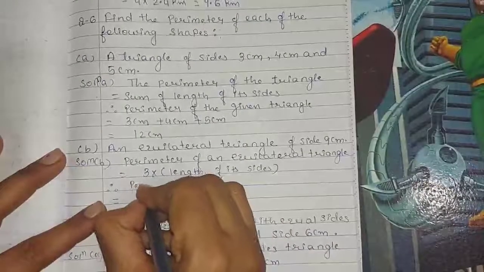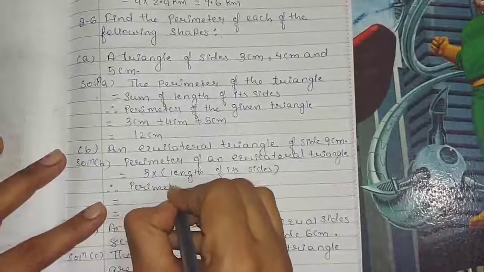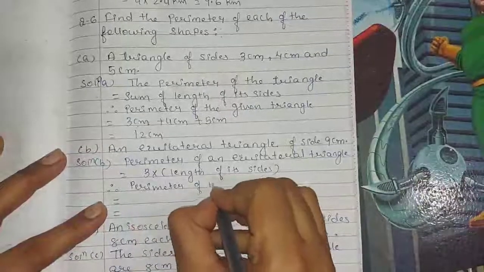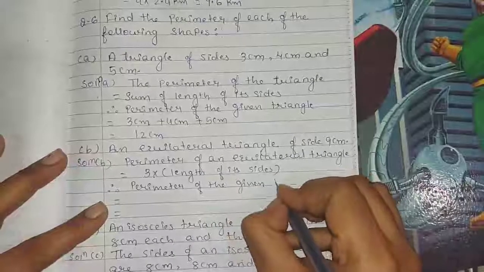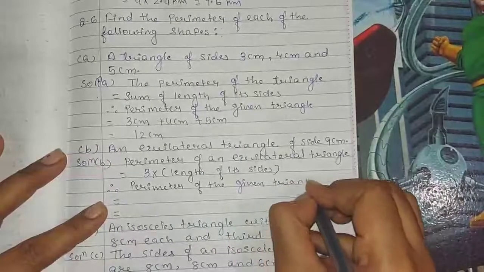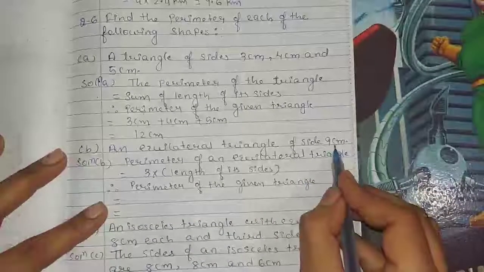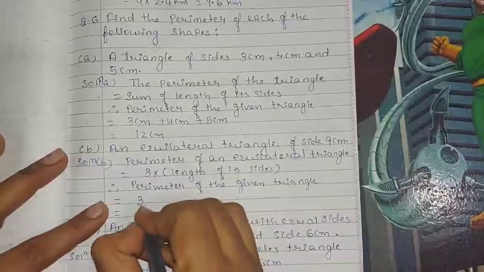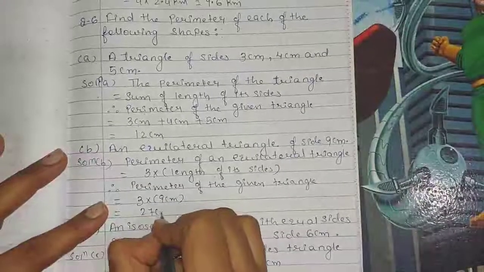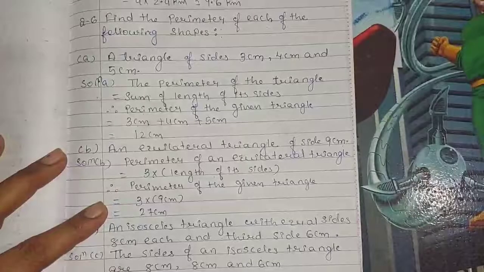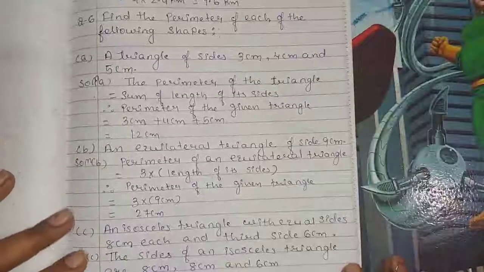Therefore, the perimeter of the given triangle equals, the one side is given, that is 9 centimeters. So 3 multiplied by 9 centimeter, and that equals 27 centimeter. 3 9s are 27.